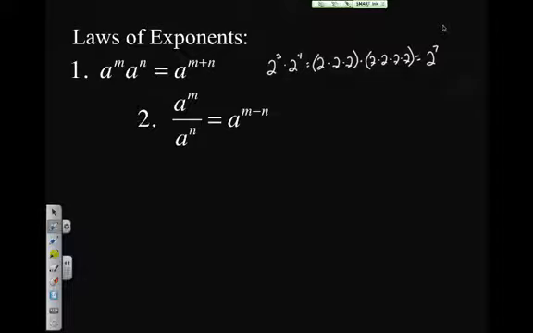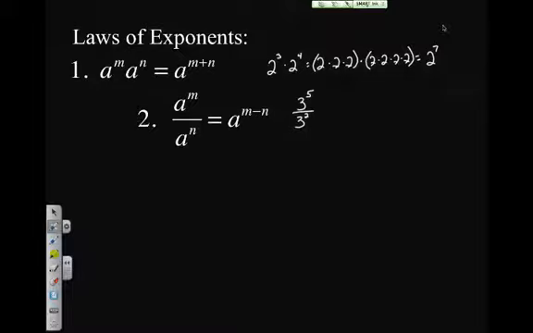If we are dividing two numbers that have exponents, it's the same type of rule, only this time we subtract. So again, let's look at an example. We take 3 to the 5th power divided by 3 squared.